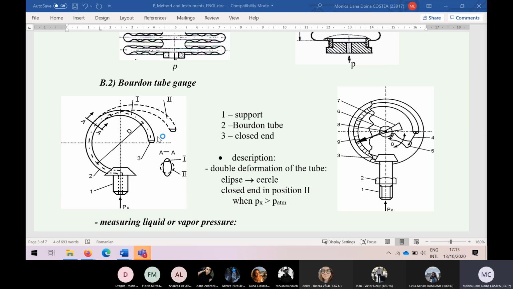This end of the tube is in connection with a mechanical mechanism and acts on the pointer of the apparatus.